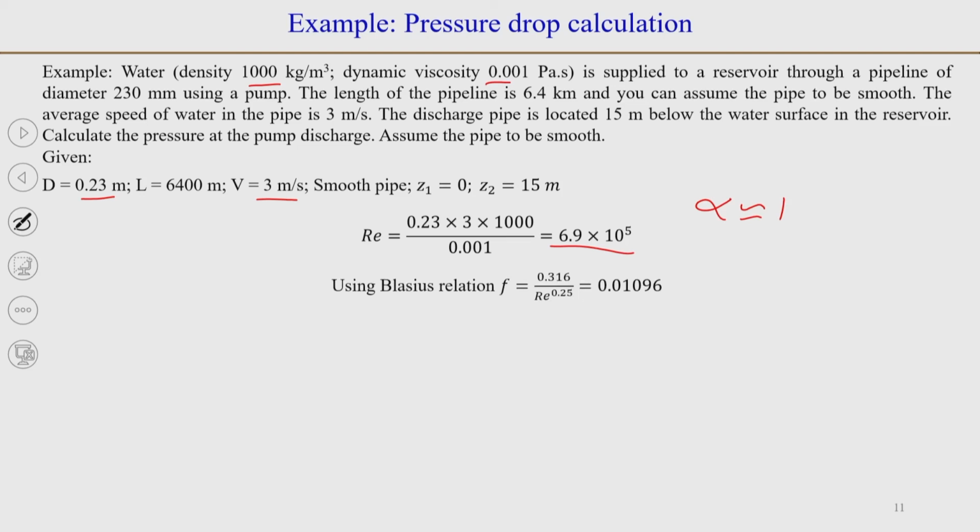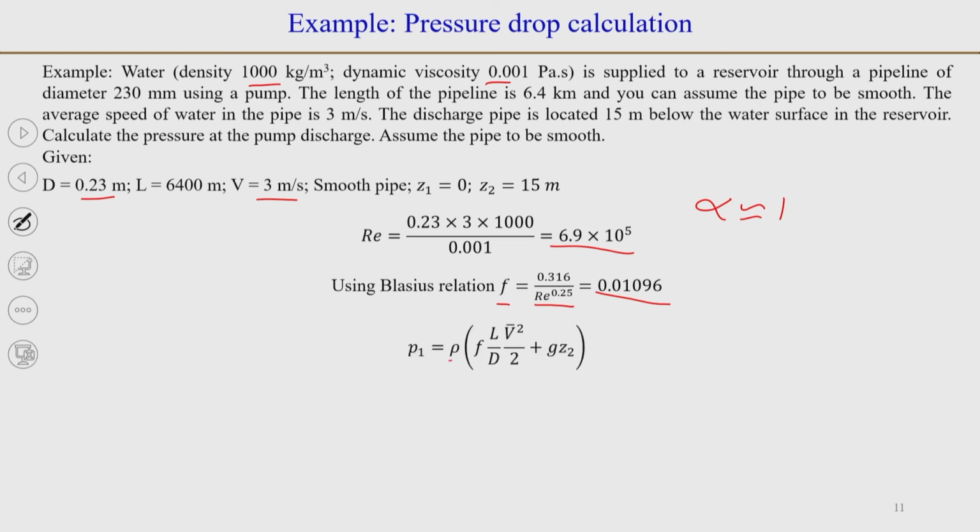Once we have calculated the Reynolds number, knowing that the pipe is smooth, we can calculate the friction factor using the Blasius relationship. 0.316 divided by Re raised to the power 0.25 is the friction factor, and when we substitute the value of the Reynolds number, we get a friction factor of about 0.011.